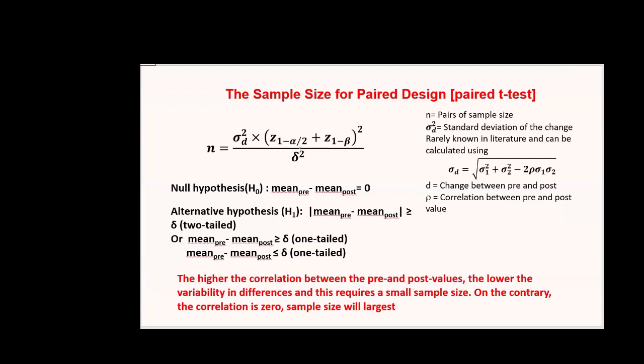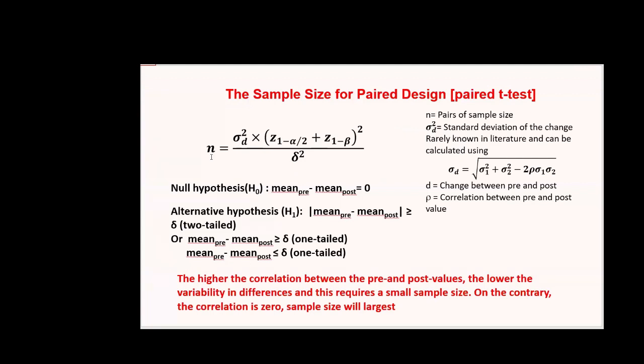We also need how much difference you are expecting as a clinically important difference, that is called delta. Then there is the same level of significance, and the power.